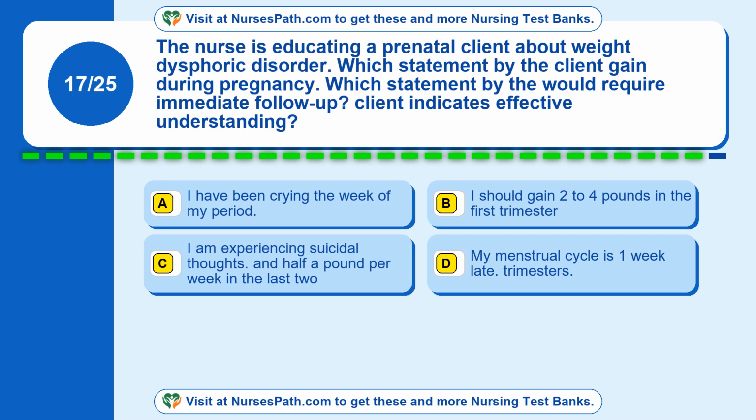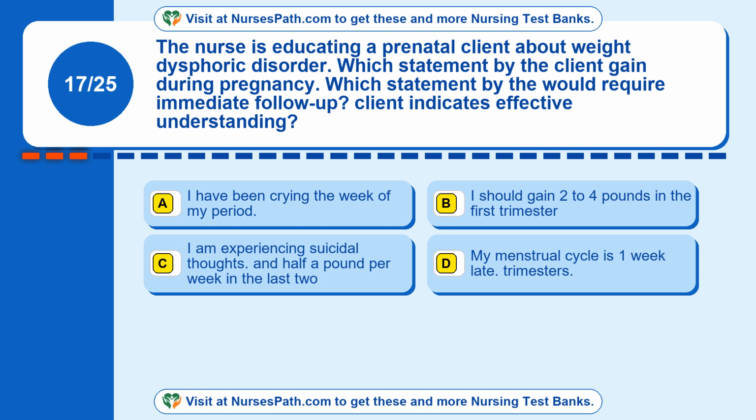Question 17. The nurse is educating a prenatal client about premenstrual dysphoric disorder and weight gained during pregnancy. Which statement by the client would require immediate follow-up? Option A. I have been crying the week of my period. Option B. I should gain 2 to 4 pounds in the first trimester and half a pound per week in the last 2 trimesters. Option C. I am experiencing suicidal thoughts.